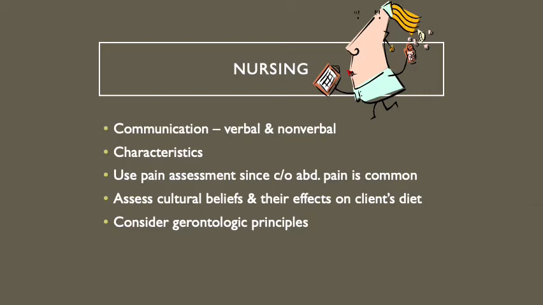I want to say burp the bag. I forget what that's called, but anyway, care of that, because they want it to fit well under their clothing if they're out and about. Consider gerontological principles, knowing that the patient who is elderly and having diversions may find it more difficult.